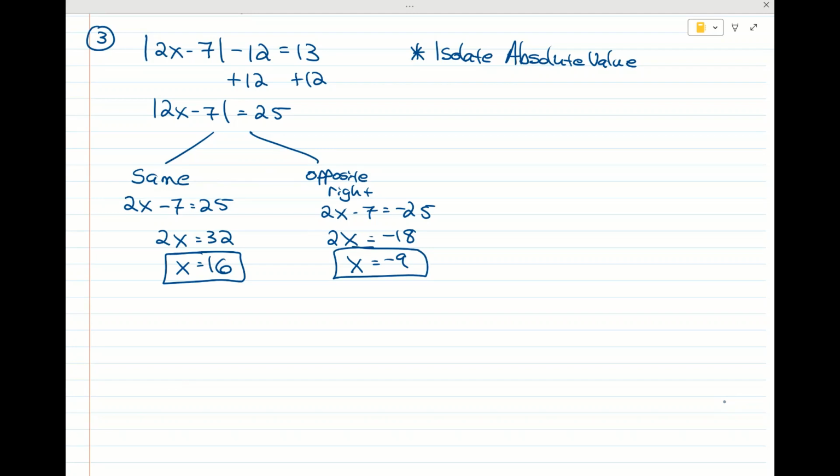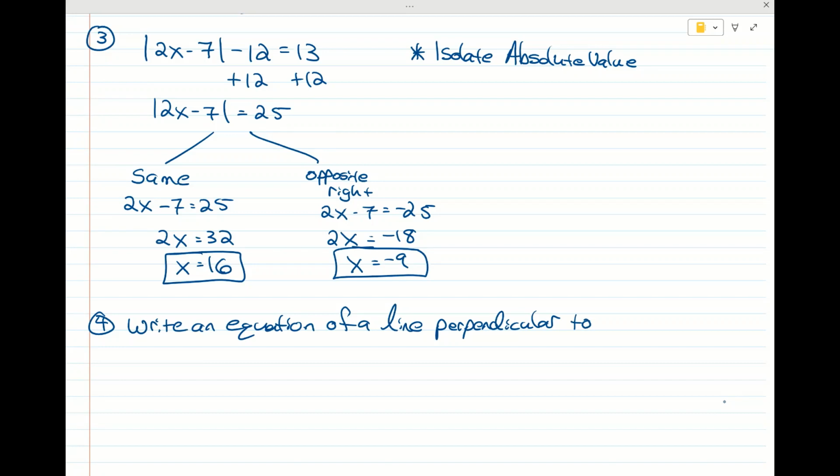Our next problem, what I'm going to ask you to do is write an equation of a line perpendicular to 3x minus 5y is equal to 15 through the point (-3, 5).